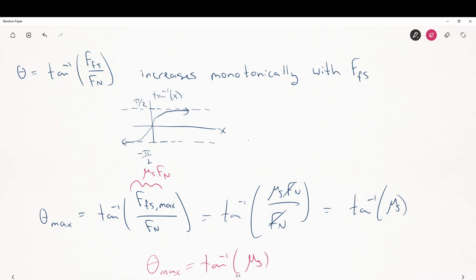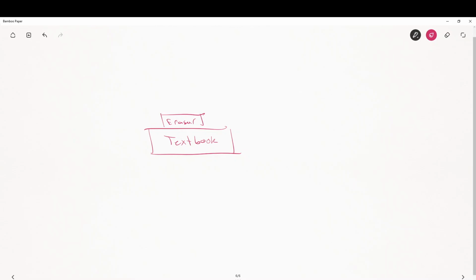So you can actually use this to determine mu sub s for yourself in a home experiment. You could take any textbook, and you can place something like an eraser, pencil, or a ruler, anything that would just stick on the textbook.